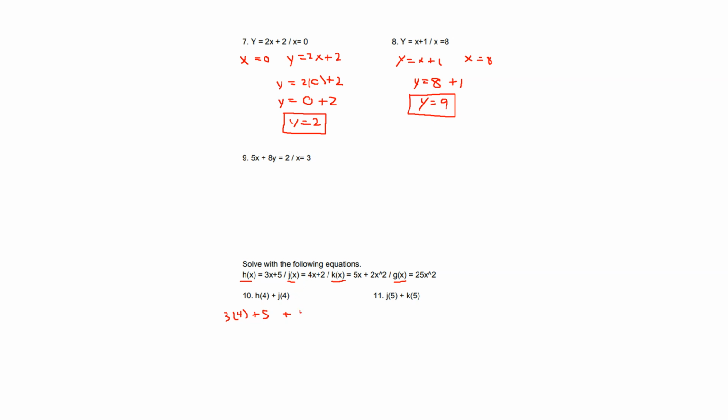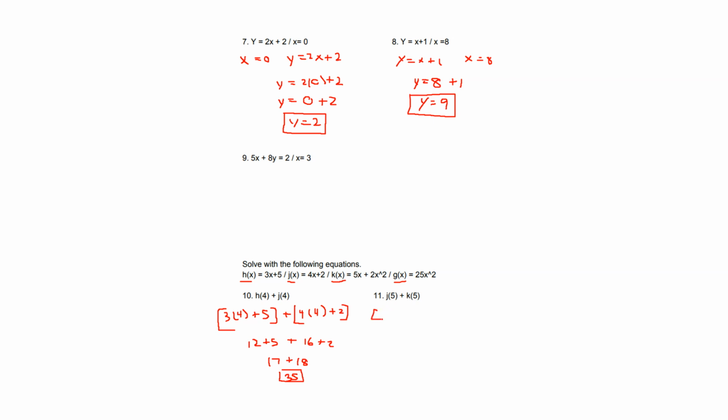So if you just plug in 4 into x, 4 times 4 plus 2. So this is j of 4, and this is h of 4. So if we solve for this, we get 3 times 4, 12 plus 5, plus 16 plus 2. 12 plus 5 is 17 plus 18, which is also 35.